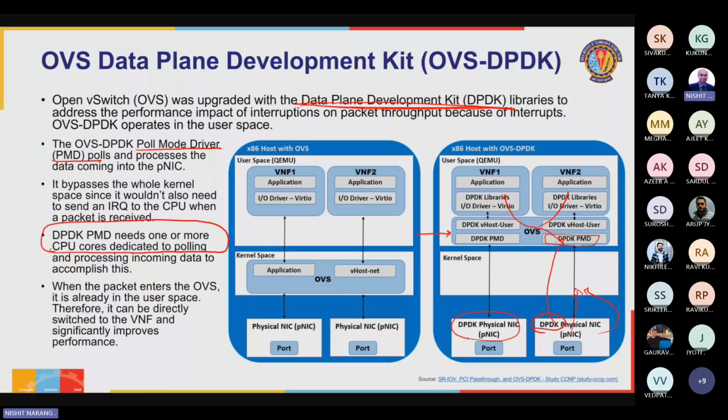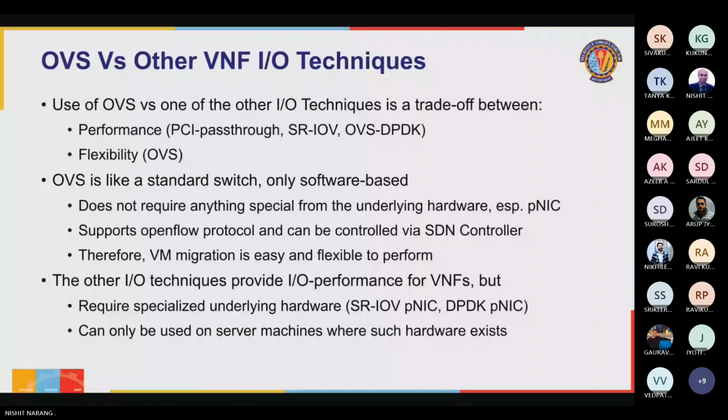I can do that very, very flexibly. But if this physical machine is to go down and I have to migrate these VNFs, I have to search for some special purpose physical servers which also support DPDK before I can migrate these VNFs to those machines. I am losing on flexibility. So it's a trade-off between performance and flexibility.